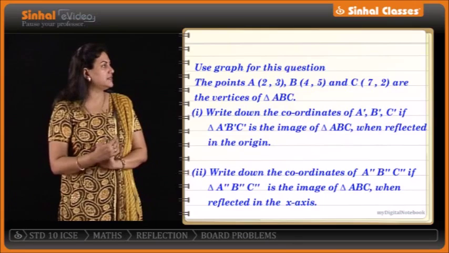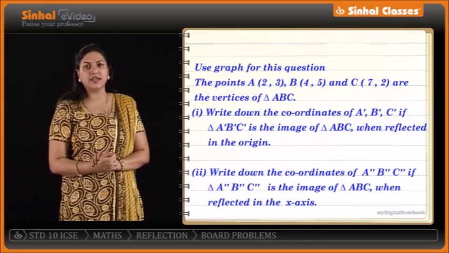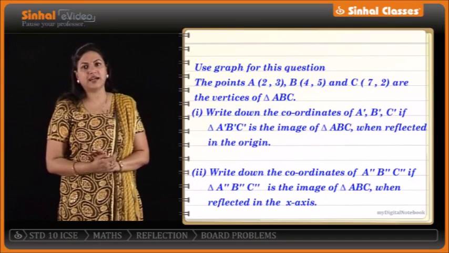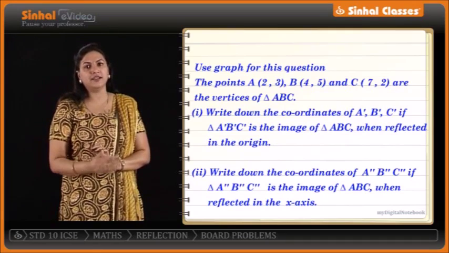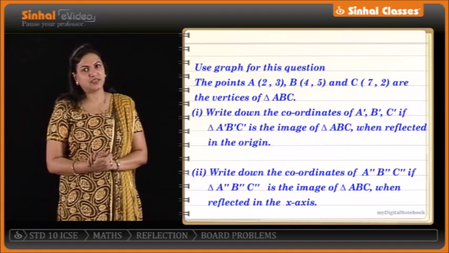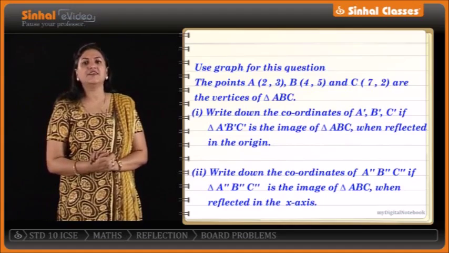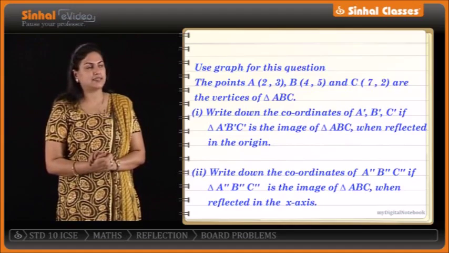Now the second part in this says, write down the coordinates of A double dash, B double dash, C double dash, if triangle A double dash, B double dash, C double dash is the image of triangle ABC when reflected in the x-axis.